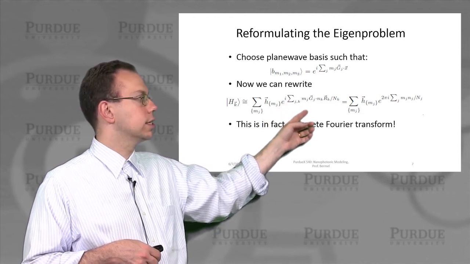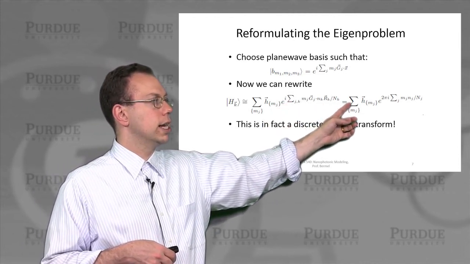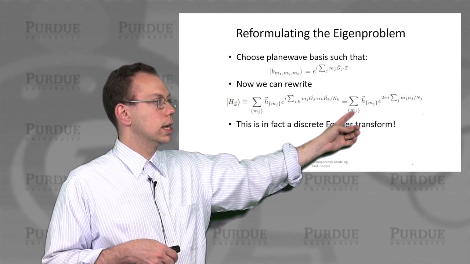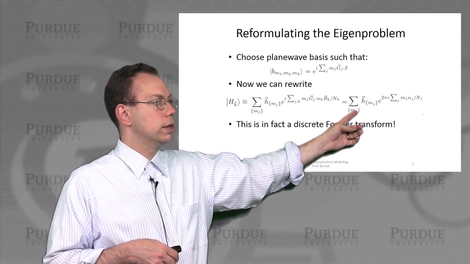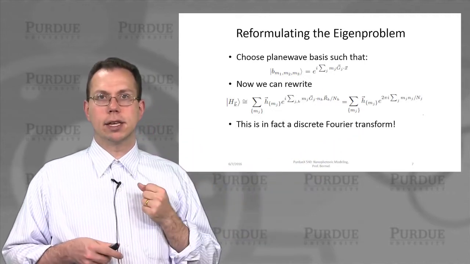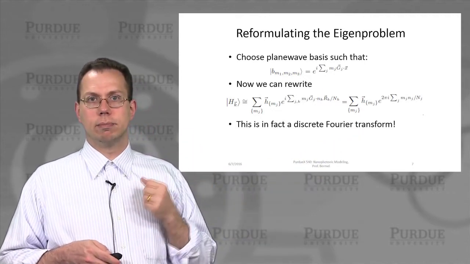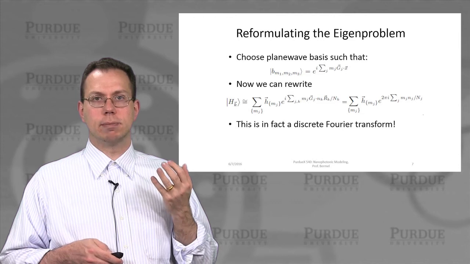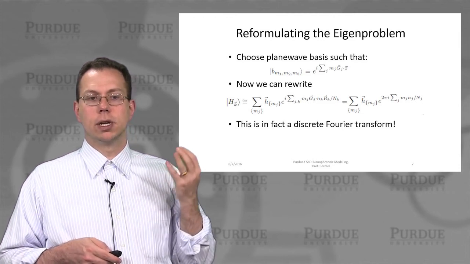That gives us something that you see on the right-hand side, which goes like a complex exponential of the sum of m_j times n_j over capital N_j. And that's nothing more than a discrete Fourier transform, which is very good for us because it's computationally tractable.